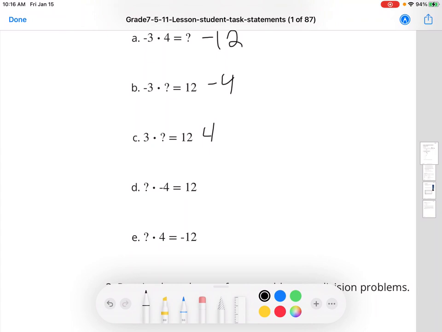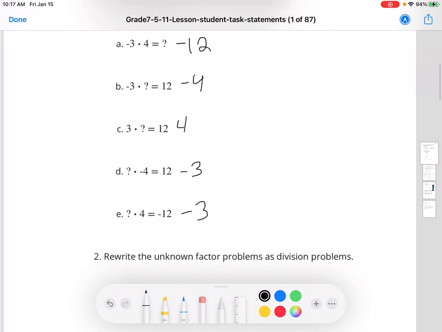Positive 4. D, what number times negative 4 is positive 12? Negative 3. And E says, what number times positive 4 is negative 12? That would also be negative 3.